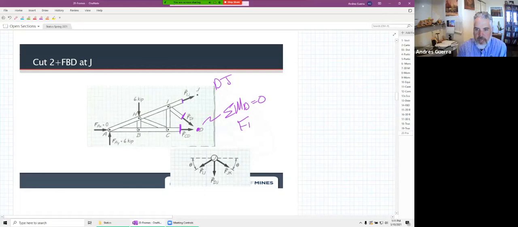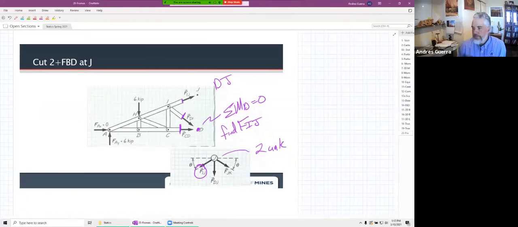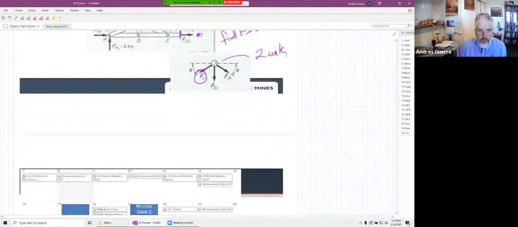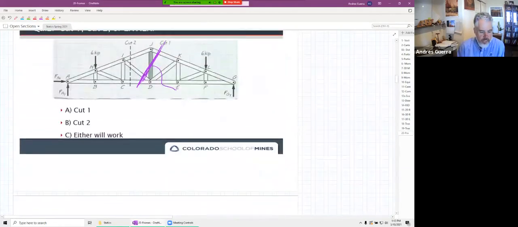We would find FIJ, and then once we find FIJ, the FBD at J again would have two unknowns, and we could solve for those two unknowns. Okay, so either one of those is going to work here.